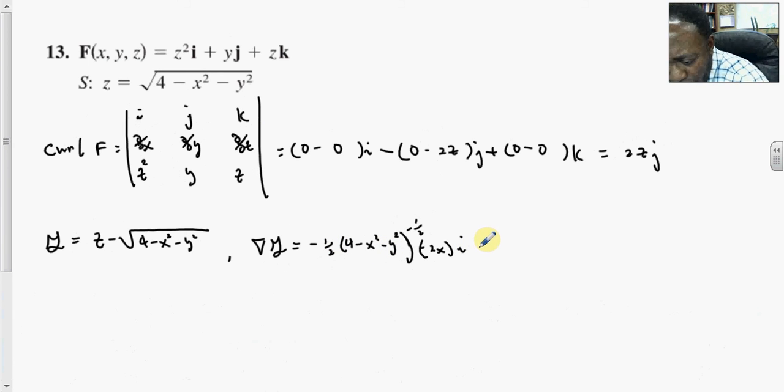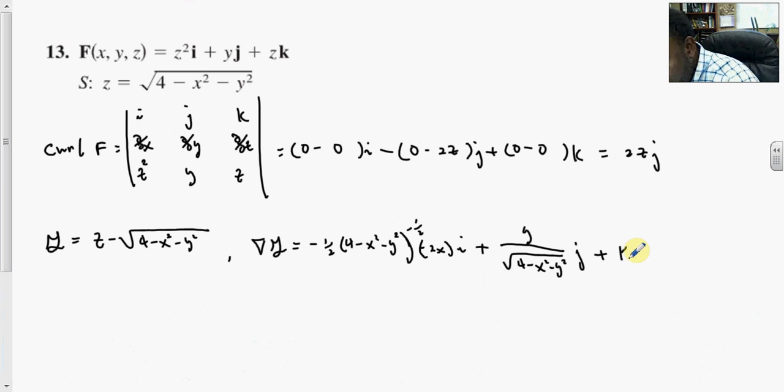The same term here for y or for j. So this becomes y over. Simplify this, same scenario, symmetry there. So this is over the square root of 4 minus x squared minus y squared. This is j, and then the partial here with respect to z, that's just 1 times k.